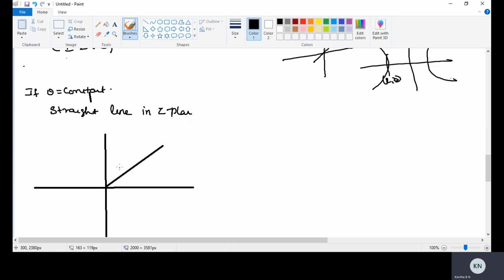Here, if theta is constant, the straight line is passing through the origin.